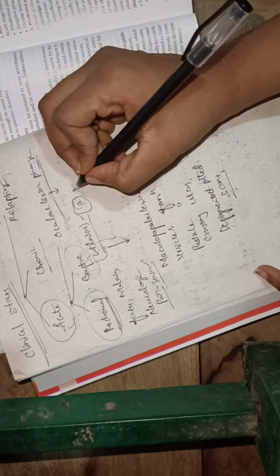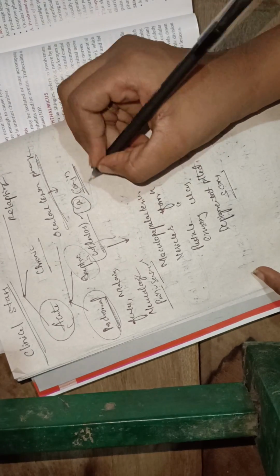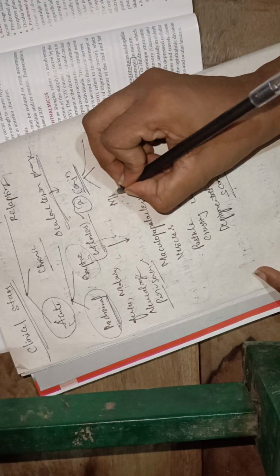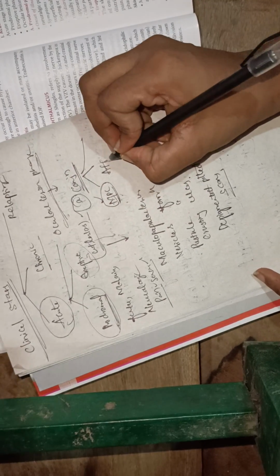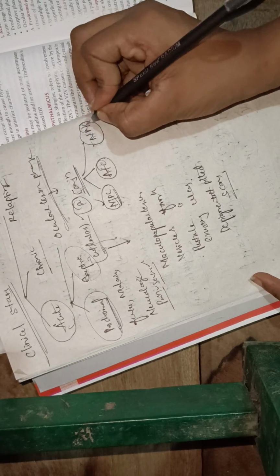The first ocular lesion is conjunctivitis. In conjunctivitis we can see mucopurulent conjunctivitis, acute follicular conjunctivitis, and severe necrotizing membrane conjunctivitis.